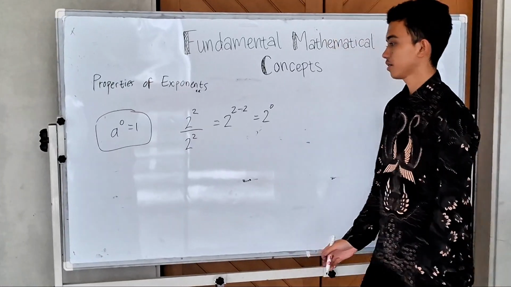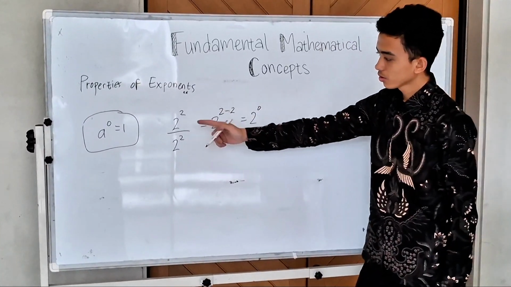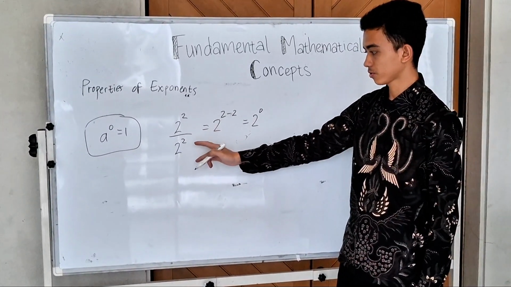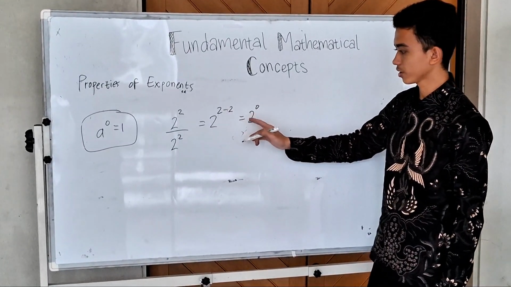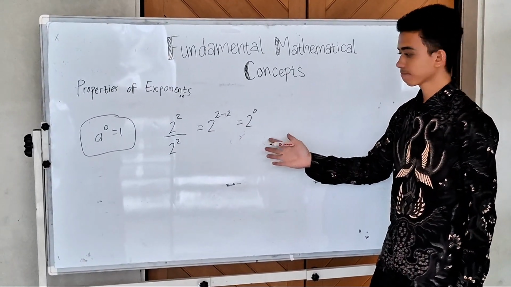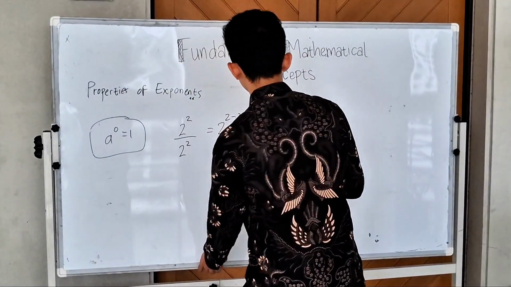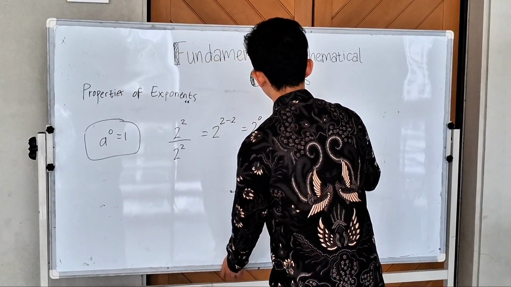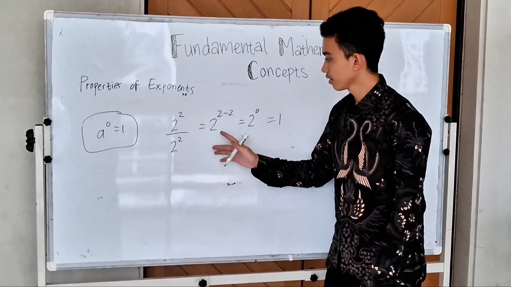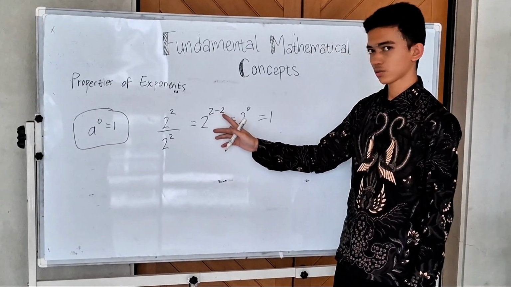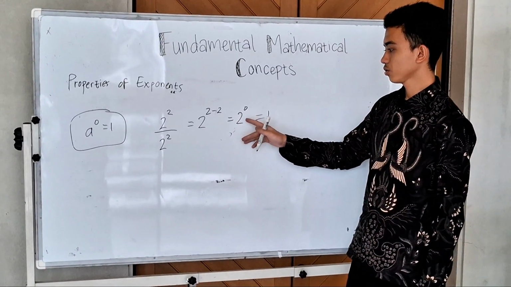For example, 2 to the power 2 divided by 2 to the power 2 equals 2 to the power 2 minus 2 equals 2 to the power 0, right? So 2 to the power 0 equals 1, because 2 minus 2 is 0.